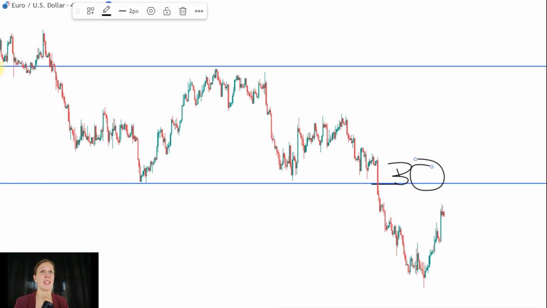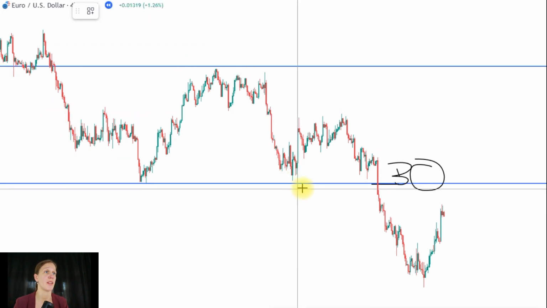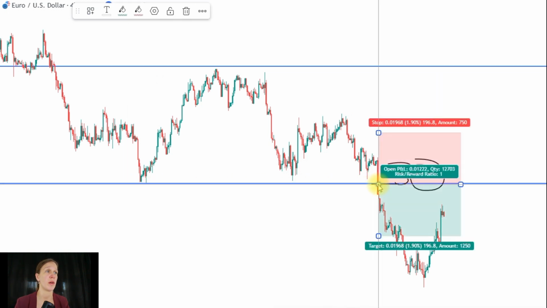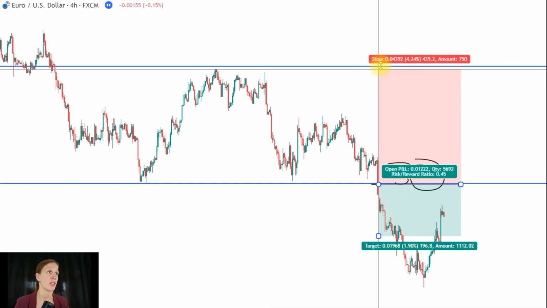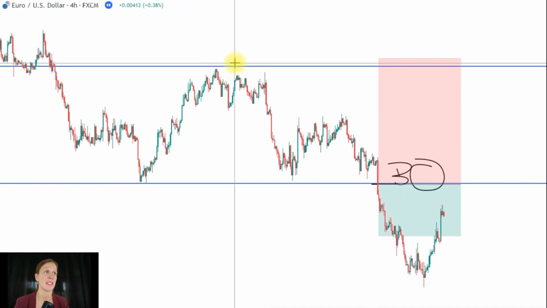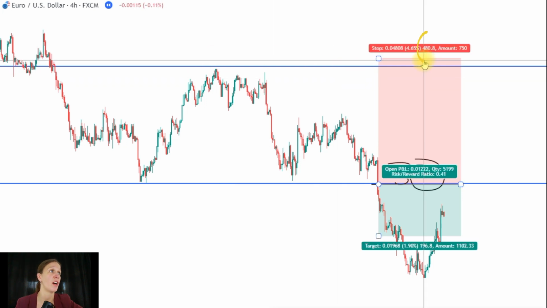And there's a simple reason why. For example, if I would wait until the market breaks through the last low here, and I put my short entry here, then I should put my stop loss above the last significant high. And this is already 480 pips risk, and this is a whole lot.